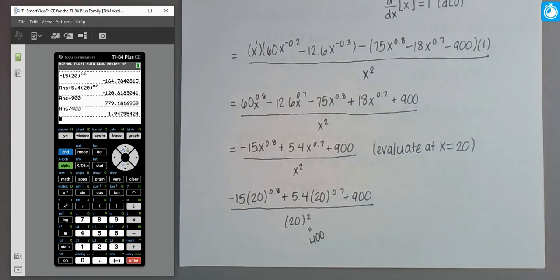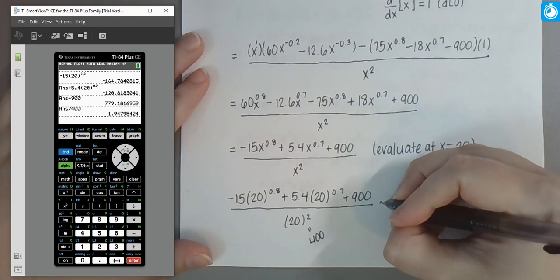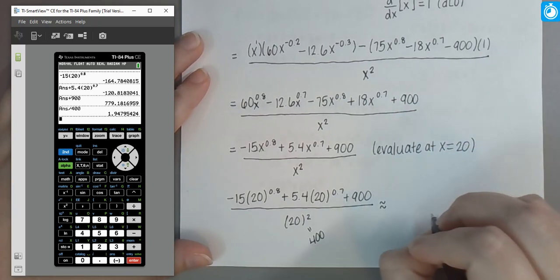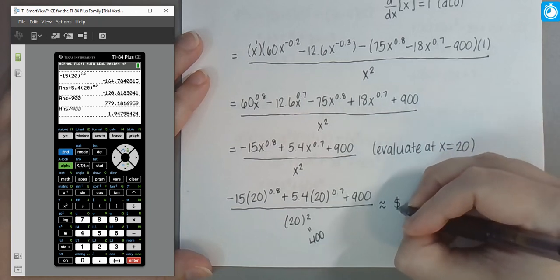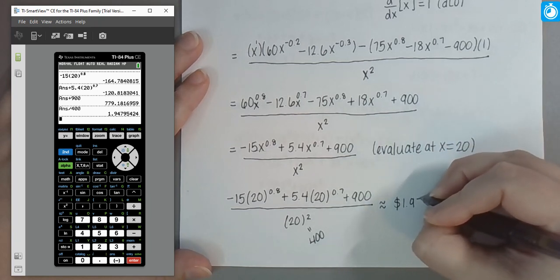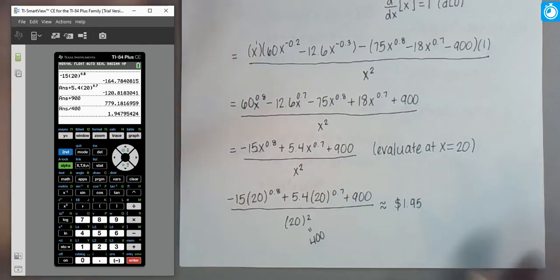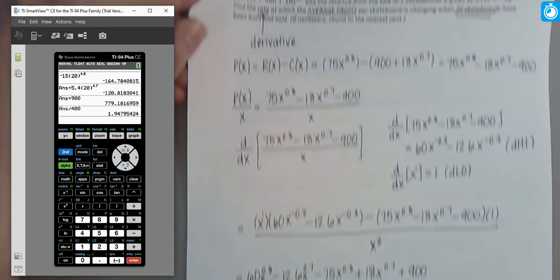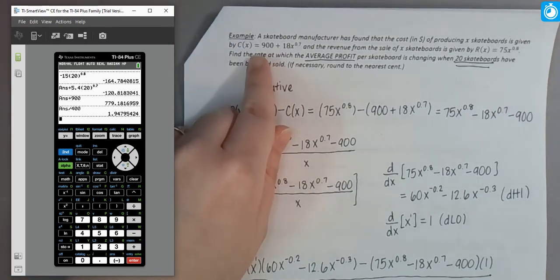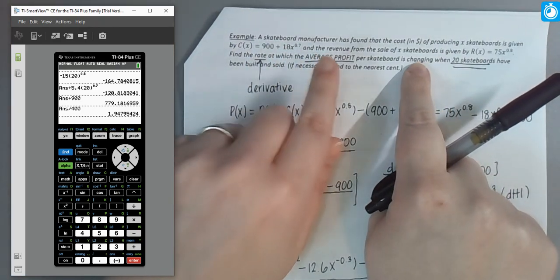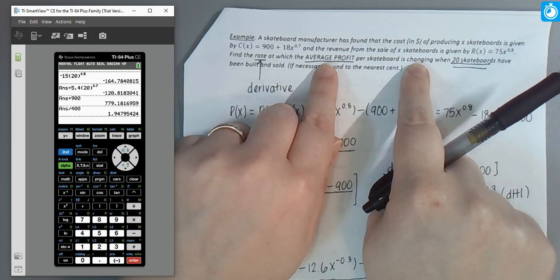It says, if necessary, round to the nearest cent. So here we're talking about a dollar amount, and cents means 2 decimal places. So that's $1.95. But that's not quite it, because we have to think about what we just found. This is the rate of change of average profit. So what's changing?